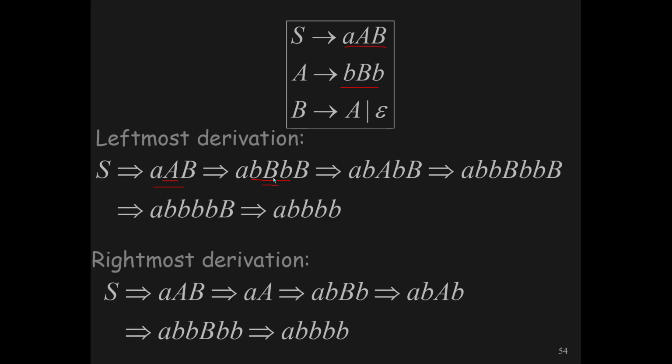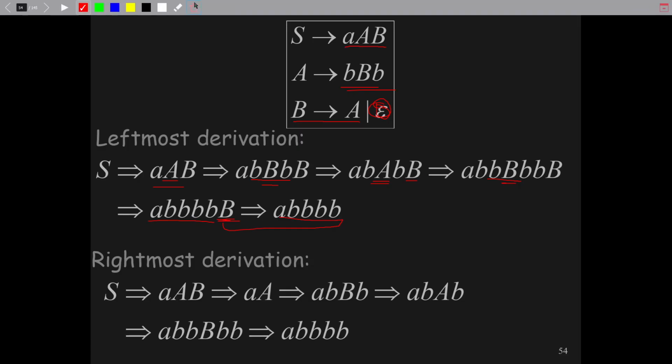This B is the leftmost variable, so we use it to generate, in this case, A. And then since this A is the leftmost variable between A and B here, we choose this one, and we choose BBB again, so that's that. And then this B is the leftmost variable. In this case, we choose the empty, so that's it. And this is the only variable left in this sentential form, so we chose the empty in this case, and that gave us the string.